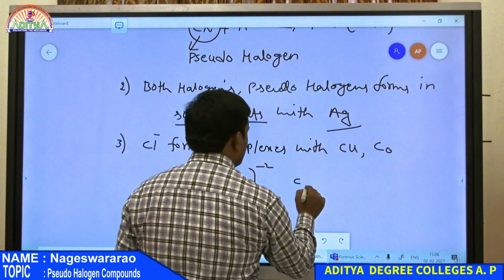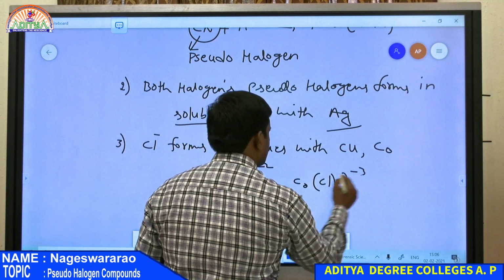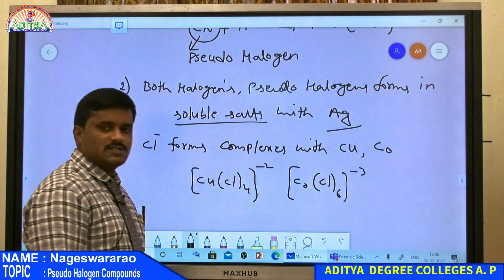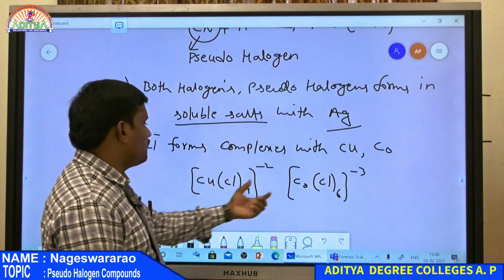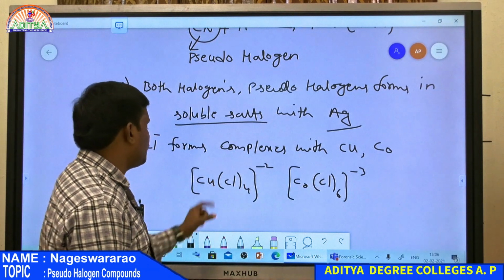Similarly, CoCl6 to the -3. So these are the complexes of chlorine. This one is with cobalt and this is with copper.